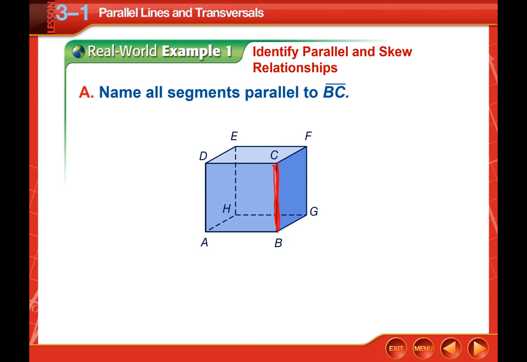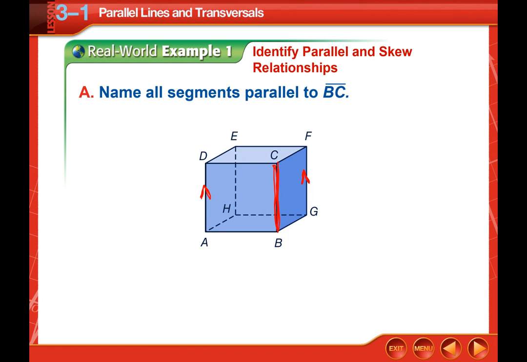So I see one here that is the same distance from BC. I see one here that's the same distance from BC. And in both of those cases, they can be in the same plane. Okay, we can see that they are part of these faces.